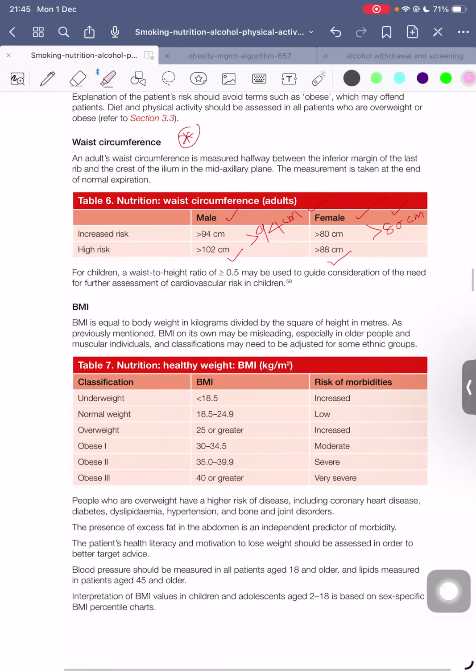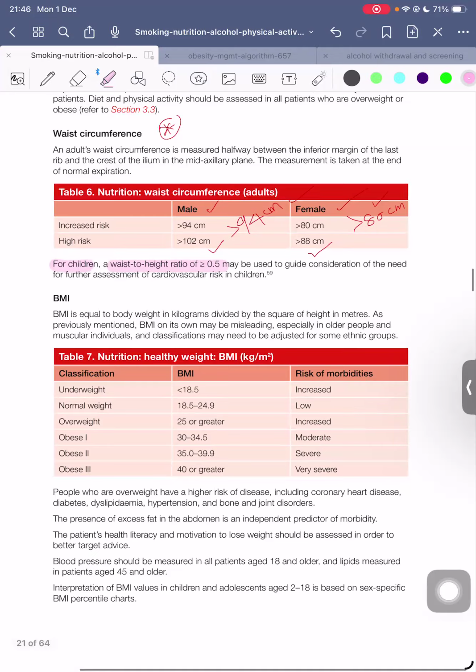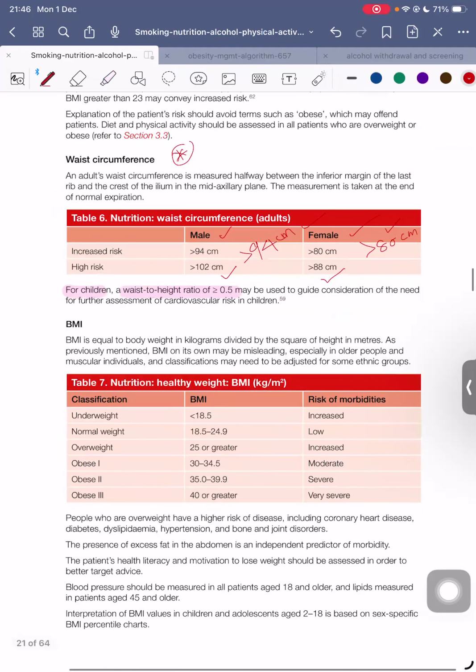For children, a waist to height ratio more than 0.5 may be used to guide consideration of the need for further assessment of CVS risk. I haven't seen them asking about children, but remember the male and female parameters. Then remember BMI as well. Both are important, but the most accurate one is waist circumference.